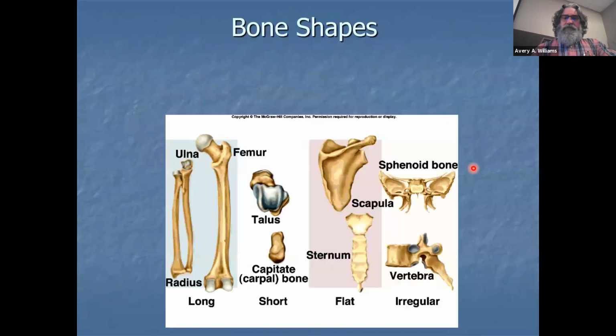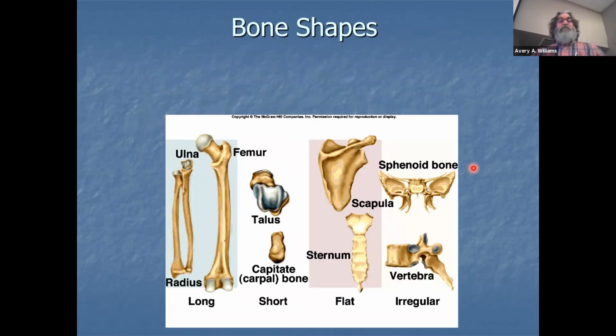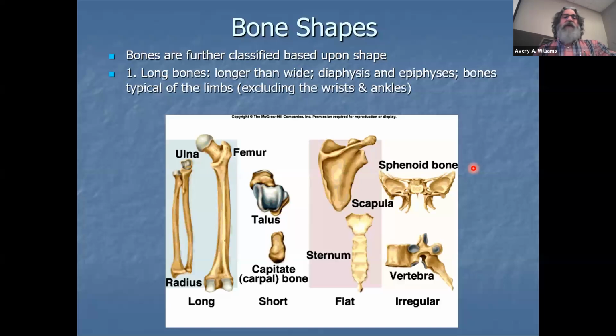So now, before we get into it, I'm going to give you a little background on bone shapes that we identify. We classify all the bones as they fall into one of these four categories based on their morphology. Bones have four shapes. First, there are long bones.